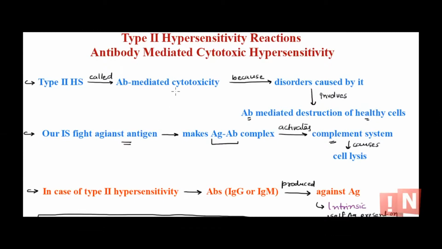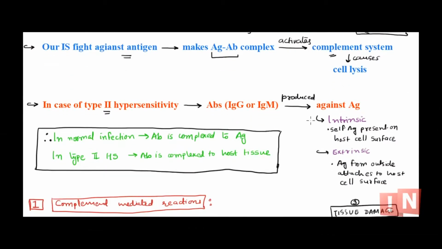But when the same thing happens against your own cells, the healthy cells which are part of your body, that is where the problem occurs. That is type 2 hypersensitivity, where the antibodies, and mainly when we talk about type 2, it is IgG. Mostly you will see IgG mediated type 2, or sometimes it is also IgM.